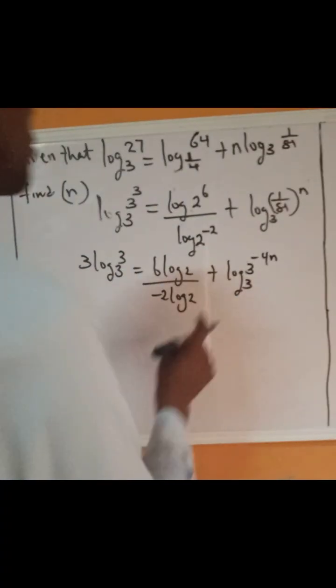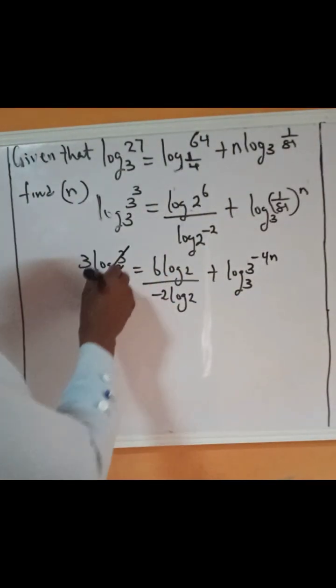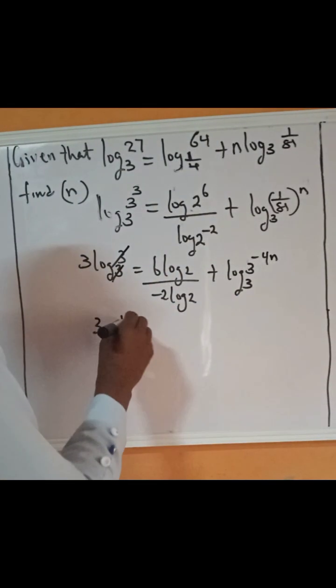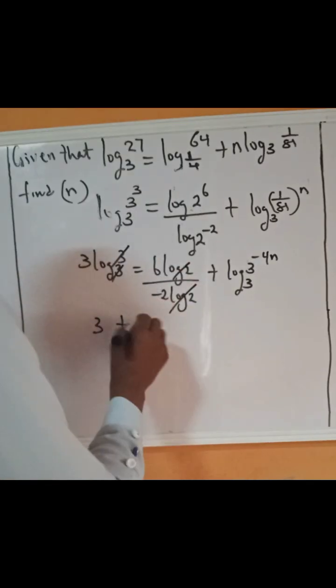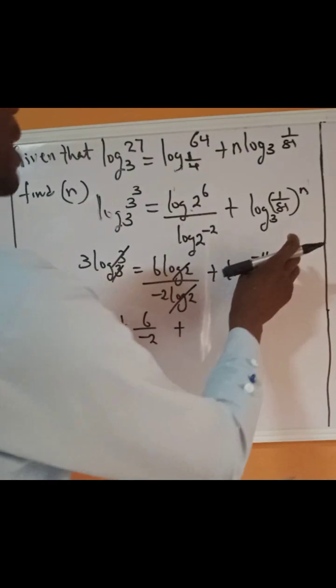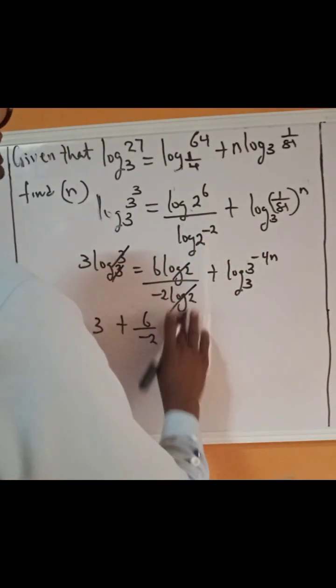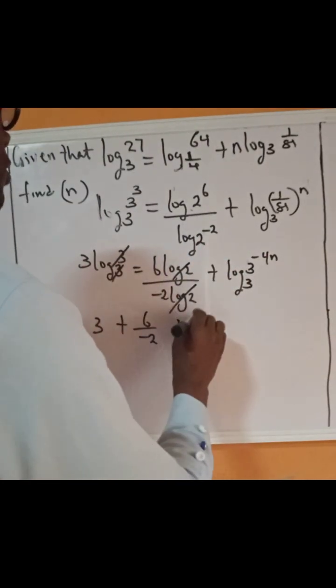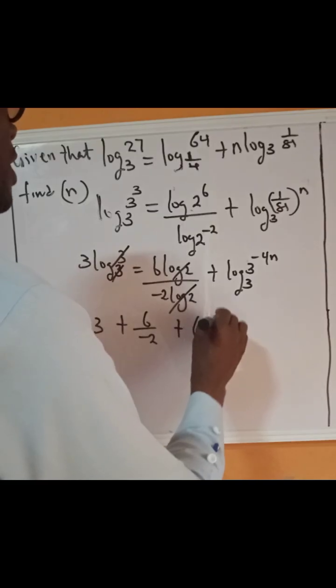So here, this will cancel. We have 3 plus, log 2 will cancel log 2. We now have 6 over minus 2. Then plus, now bring this one to the front, which is plus before, but minus is coming out, minus 4n.